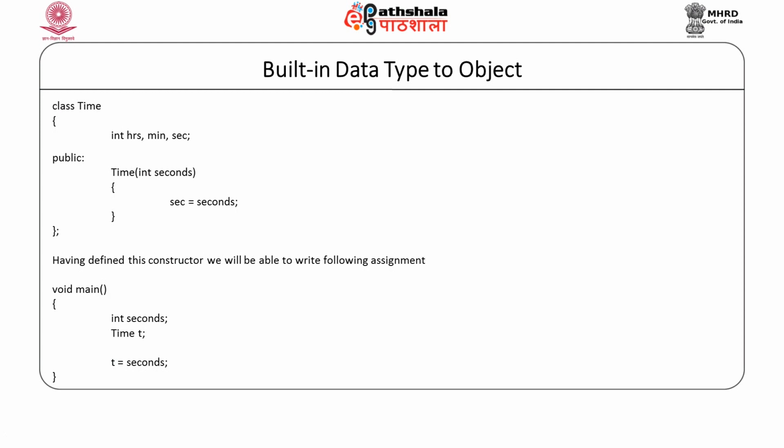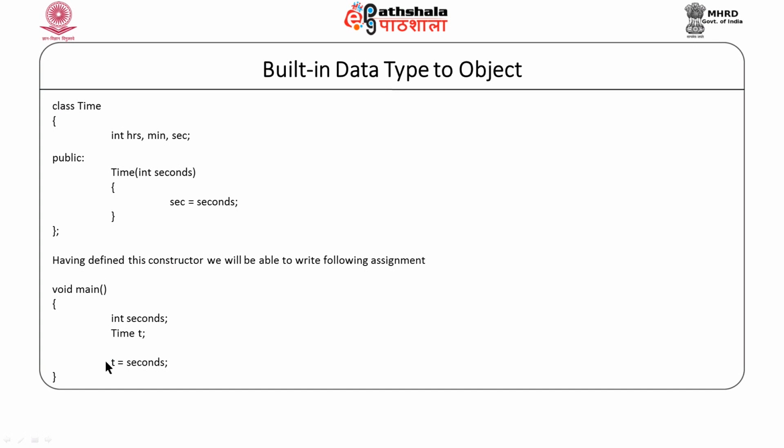Now, this constructor will enable the assignment of an integer variable to an object. So, if we declare an integer variable seconds, and if we declare an object t of time class, and if we write this assignment, this will work. How will this work? As we discussed before, the assignment never happens for two different data types.